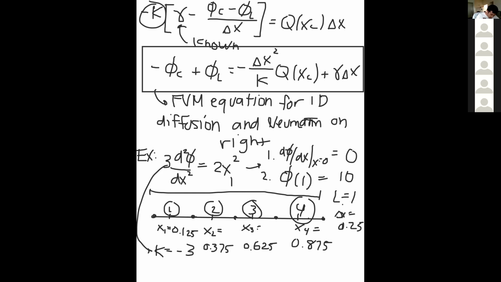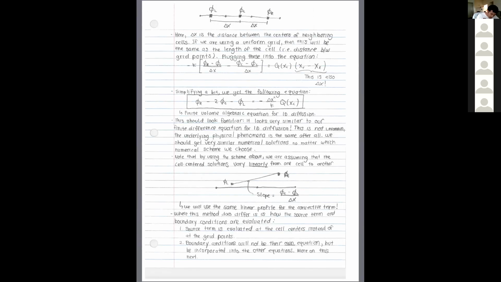Okay, so let's set up these equations using finite volumes. First let's start with the interior nodes, since we have an equation that can do that. In the interior nodes, our equation looks like this: phi r minus 2 phi c plus phi l is equal to minus delta x squared all over k times Q at xc. Okay. So we have two interior nodes in this case, node 2 and node 3.